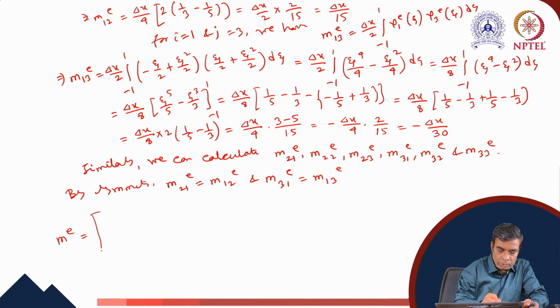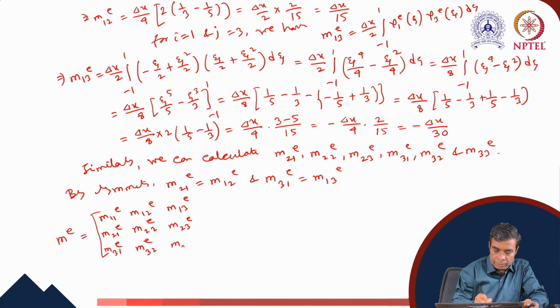ME equals M11E, M12E, M13E, M21E, M22E, M23E, M31E, M32E, M33E.